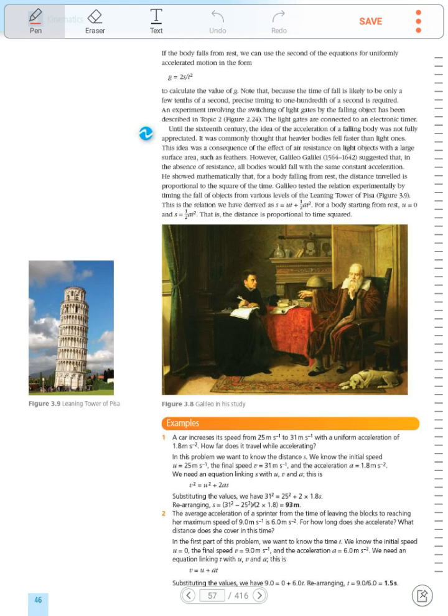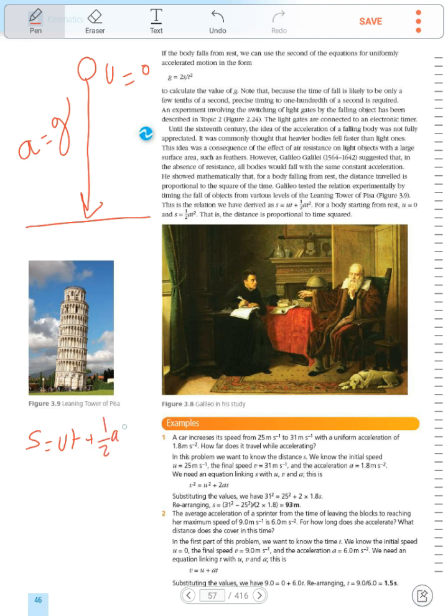If the object falls freely from a height, its initial speed is 0 and its acceleration is the acceleration of free fall. You can find the value of the acceleration of free fall for any planet using the equation s equals ut plus half a t squared.